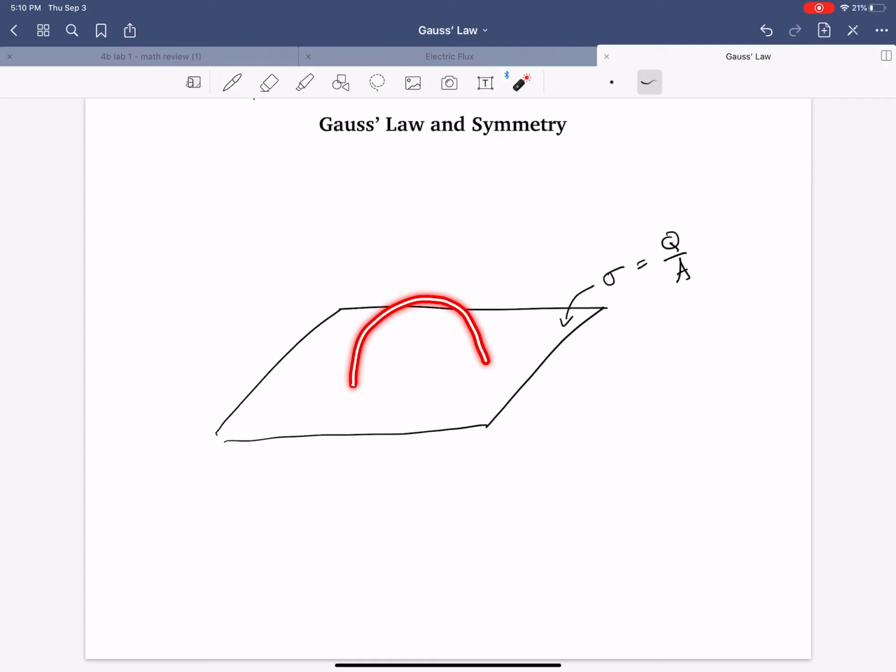Let me try that again. All points will be at different distances to that Gaussian surface. So a sphere is not good. A cone is even worse. A square is even worse. Now, we can use, let me draw this bigger.